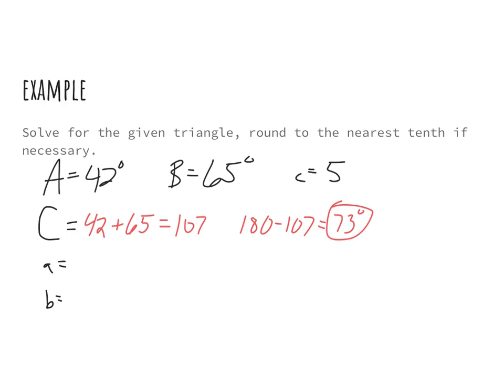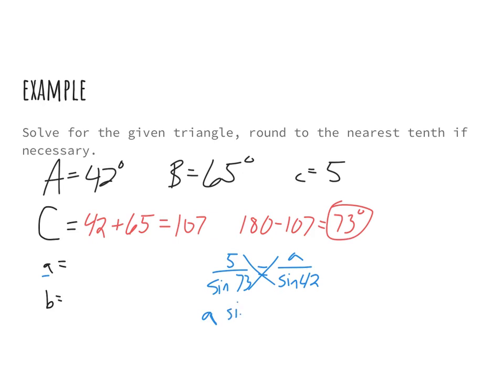Now I have a pair of side and angle: side C and angle C together, so that's what I use as a reference. I have side C over the sine of angle C, and I'm going to find my two side lengths. If I want to find A first, I set it equal to A over the sine of angle A, which is 42, and cross multiply.